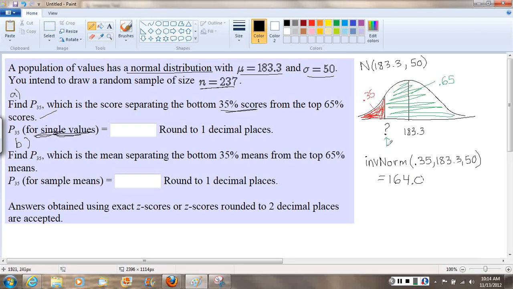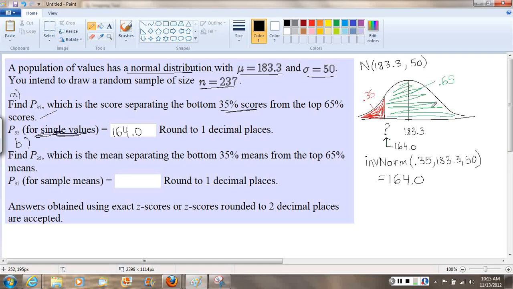So we'll fill that in our picture. It's always a good logic check to make sure it came out smaller than your mean. If the area we were looking for to the left was less than 50%, then that value should be smaller than the mean, 164. So there is the answer for part A.